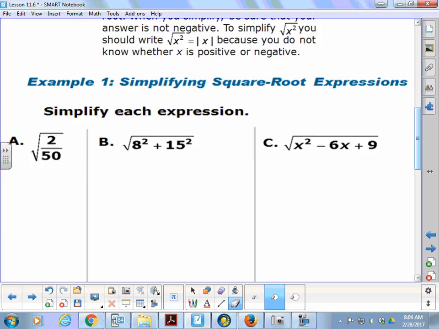So in this first one, we have the square root of 2 over 50. If I can simplify that fraction first, I want to do that. Since 2 goes into both 2 and 50, I'm going to simplify this to the square root of 1 over 25. And then the square root of 1 is 1, and the square root of 25 is 5. So this is just 1/5.